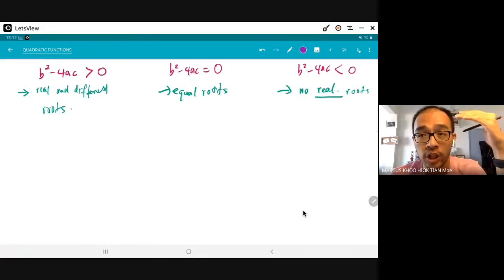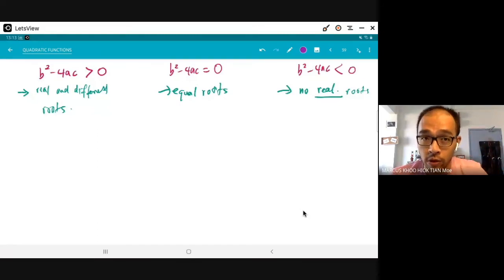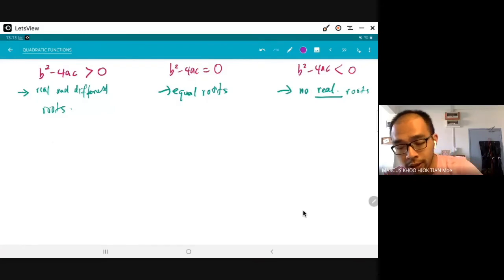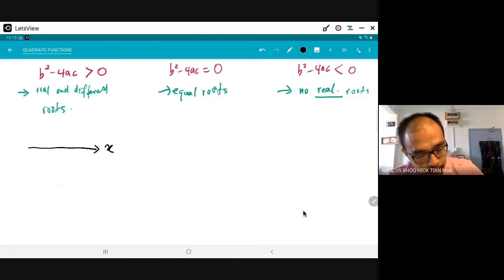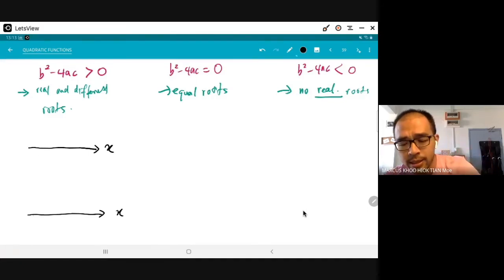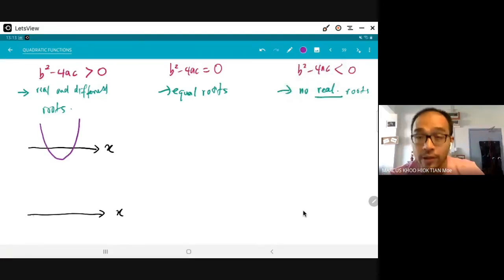In terms of the shape of the graph, if your b squared minus 4ac is more than 0 and the roots are real, if I draw a graph and this is the x-axis, I'm going to ignore the y-axis, but the shape of the graph will be either like this, kalau dia adalah minimum graph, or like this, kalau dia adalah maximum graph.